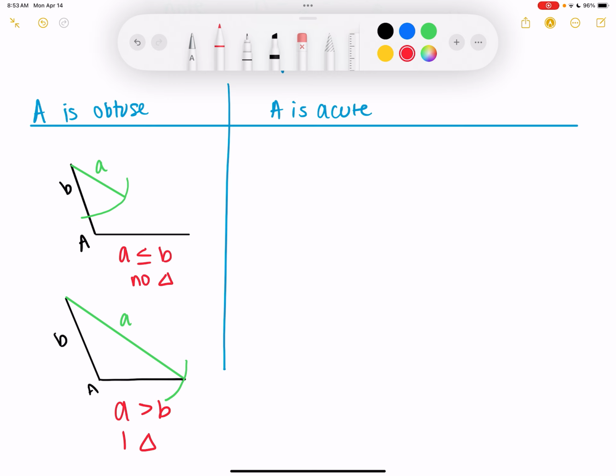I'm already forgetting, angle, side, angle, or angle, angle, side. We hope that the angle is obtuse because that's our next easiest thing, because it either produces no triangle or one triangle. It's pretty quick to figure that out. We're looking at, is the side with the known angle less than or equal or greater than the side that doesn't have an angle with it?